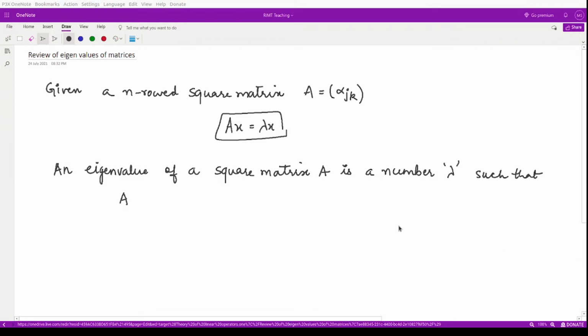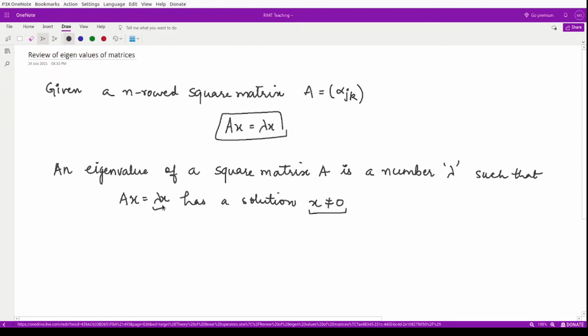So an eigenvalue of a square matrix A is a number lambda such that Ax is equal to lambda x has a solution. This equation has a solution x which should not be equal to 0. So that means a non-zero vector x, such that this equation Ax is equal to lambda x has a solution.